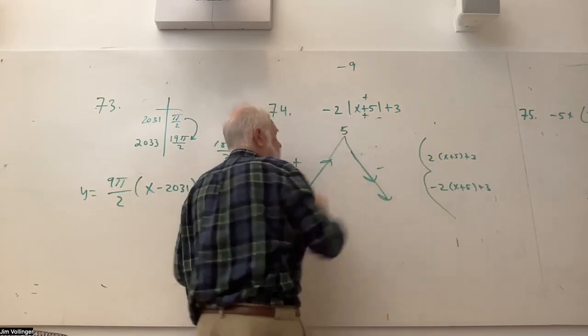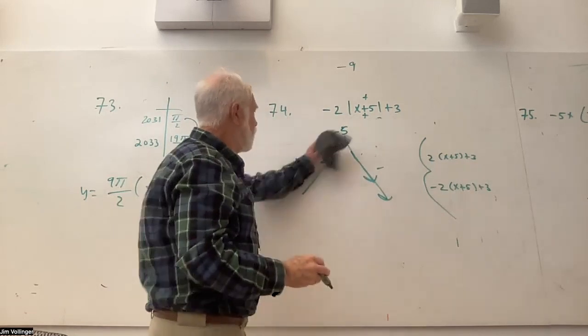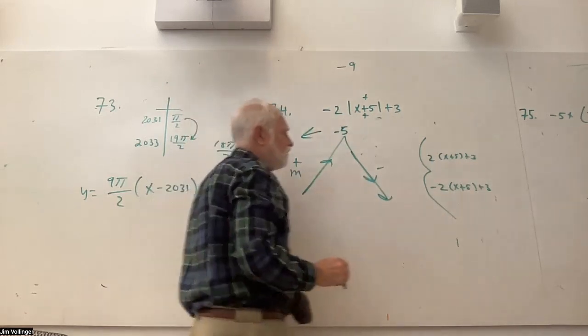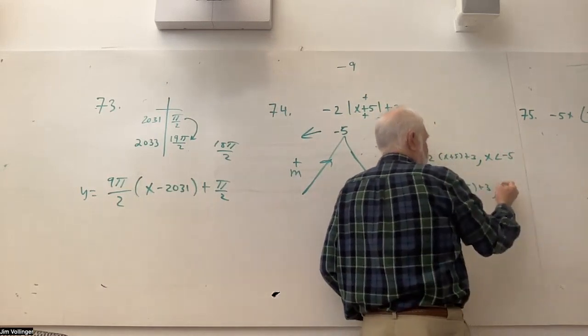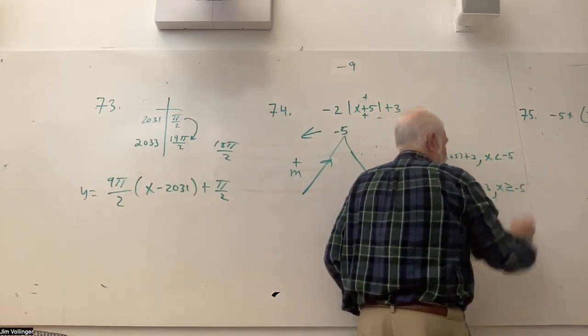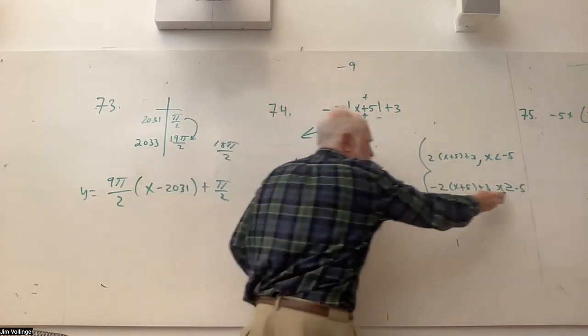So the critical number here is negative 5, excuse me. So when am I going up? On this side of negative 5. For x less than negative 5, and for x bigger than or equal to negative 5, got to include negative 5 as part of the graph, so one of them has to have the equal.